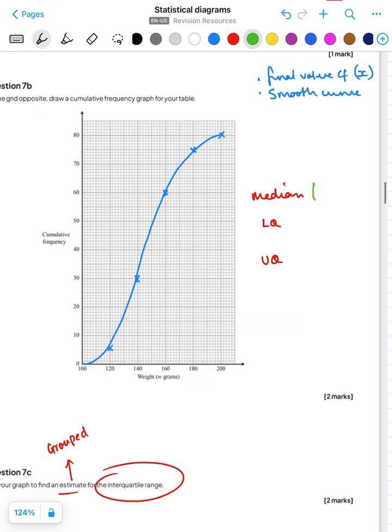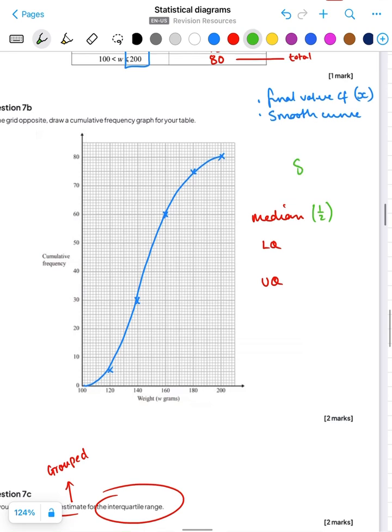So if I wanted to find my median, reminder, that's the piece of data halfway through the set. I've got 80 pieces of data, so my median is my 40th potato. My lower quartile is my 20th potato because that's a quarter of the way through the group. And then my upper quartile is the 60th potato.